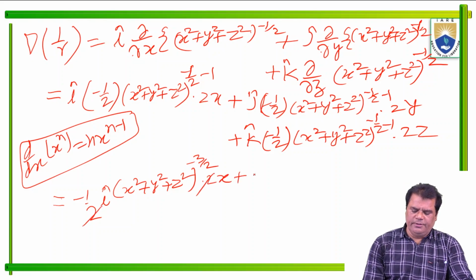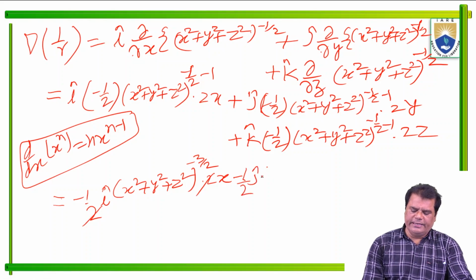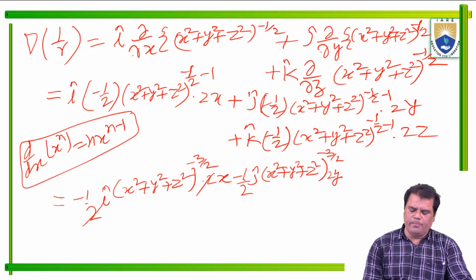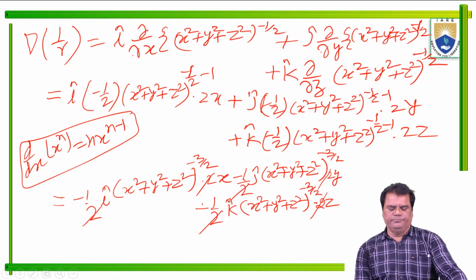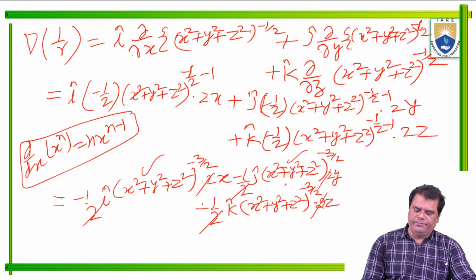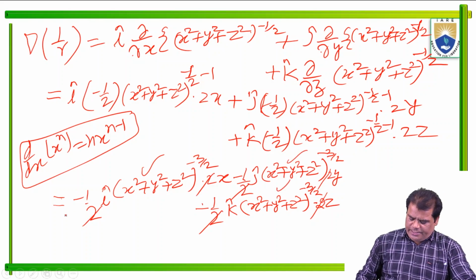Plus next, minus half into j, and (x square plus y square plus z square) whole to the power minus 3 by 2 into 2y, and plus minus half into k cap (x square plus y square plus z square) whole to the power minus 3 by 2 into 2z. So this 2 cancels this 2, and this 2 cancels this 2. So this term is the same in each term, so this is common here.